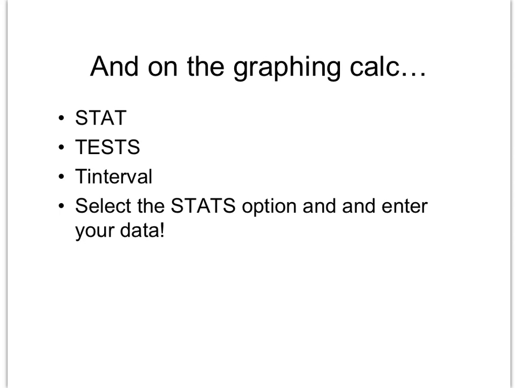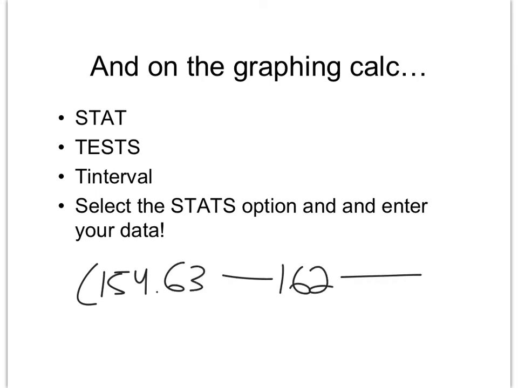Enter. I'm just using the last one that you were supposed to solve. When I do that, I get 154.63 for my left bound, 162 for my x bar, and 169.37 for my right bound. So that's how you can calculate this on the graphing calculator.